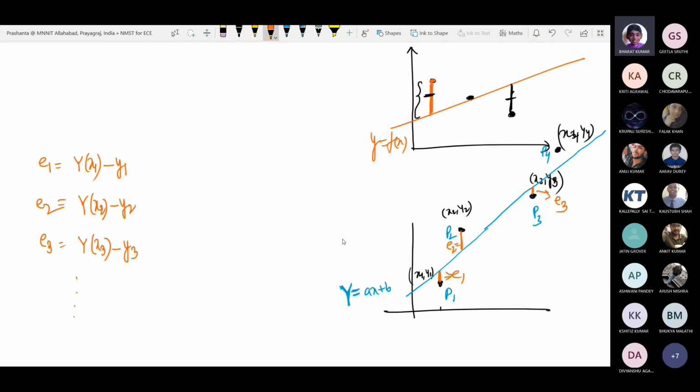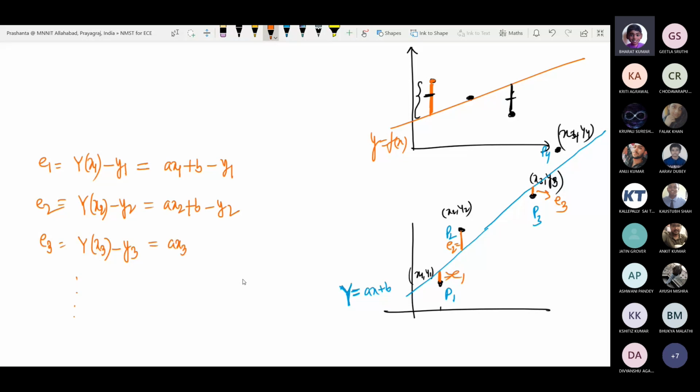Now what do you do? So what is Y of x1? If you have determined that there is a linear relationship, what is Y of x1? It is a x1 plus b minus y1. This will be a x2 plus b minus y2.